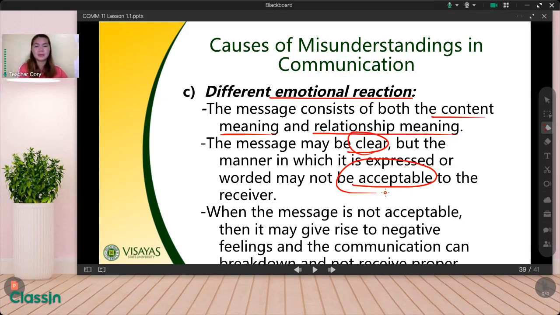So when the message is not acceptable, then it may give rise to negative feelings and the communication can break down and not receive proper response. So it will be a different response that will be given because there are negative feelings involved already. So that's emotional reaction. So I think that would be it for the causes of misunderstandings in communication.